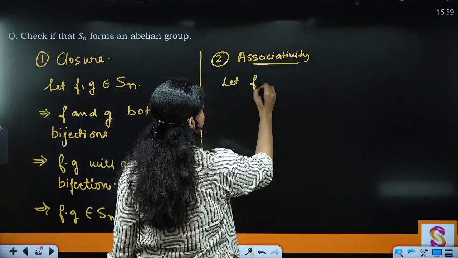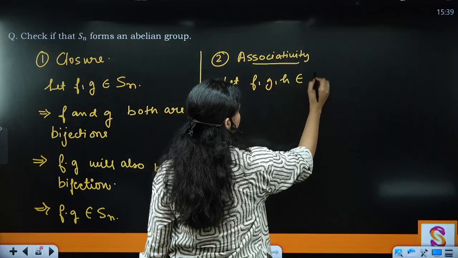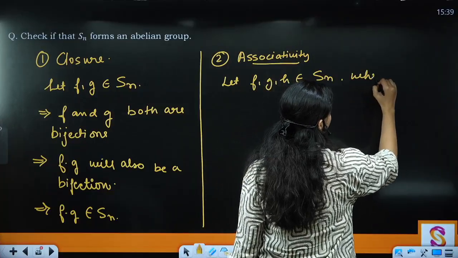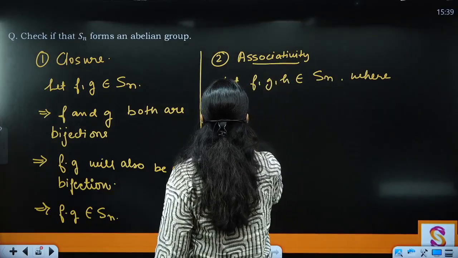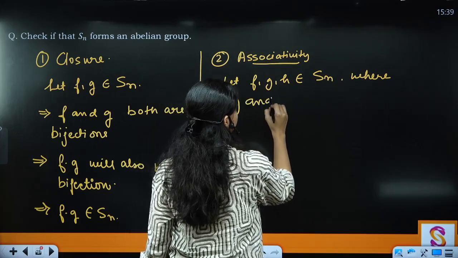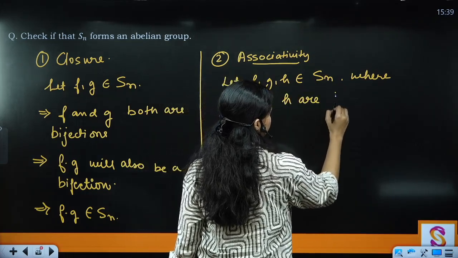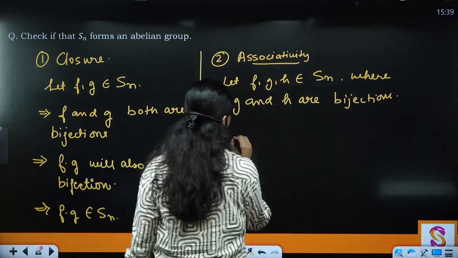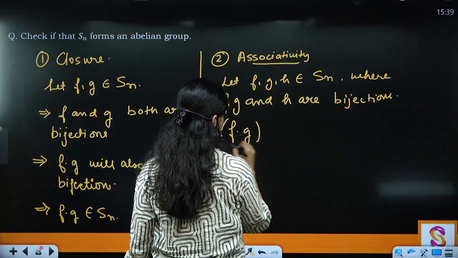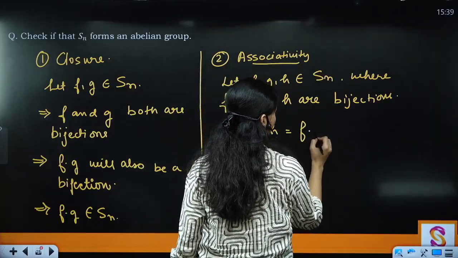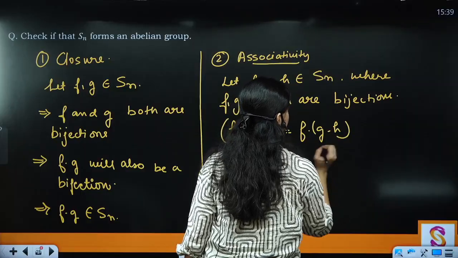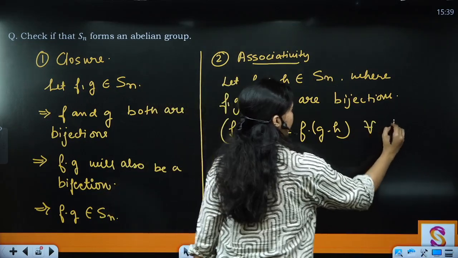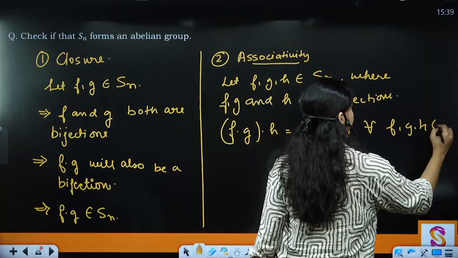Let f comma g comma h belong to Sn, where f, g and h are bijections, right? Now f dot g dot h equals f dot g dot h for all f comma g comma h.